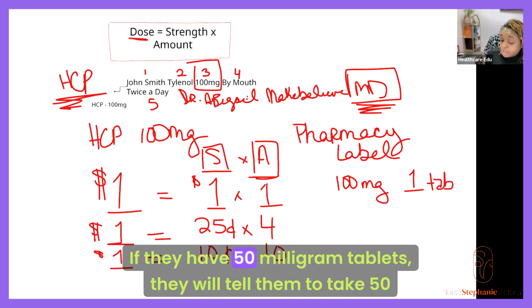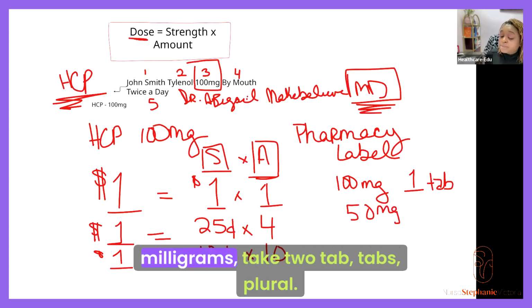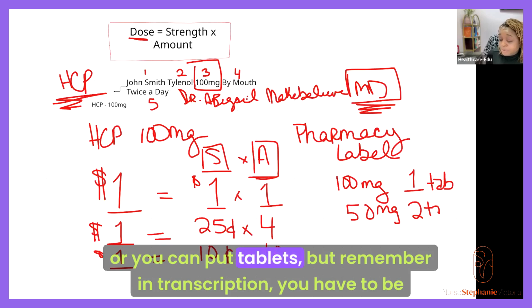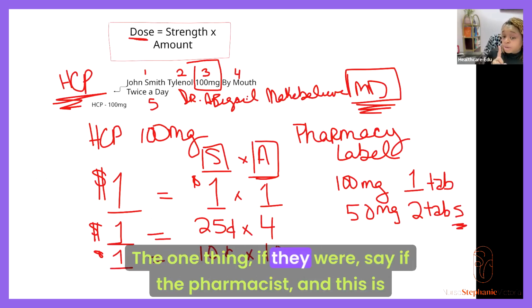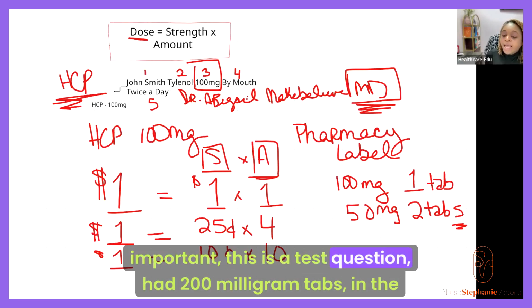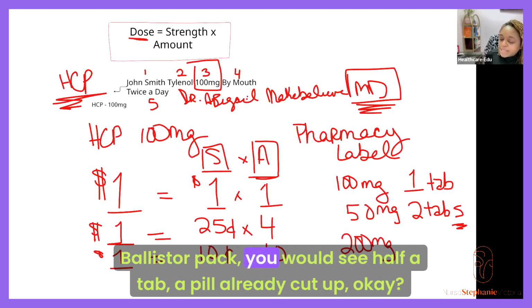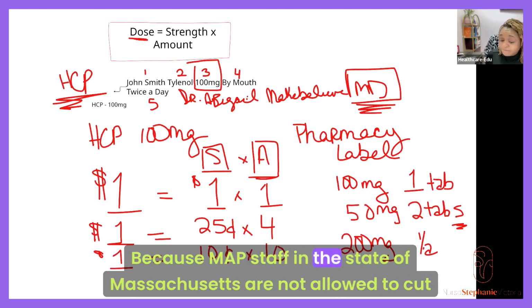If they have 50 milligram tablets, they will tell them to take 50 milligrams, take 2 tabs, plural, or you can put tablets. But remember, in transcription, you have to be exact. And this is important, this is a test question: if the pharmacist had 200 milligram tabs, in the blister pack you would see half a tab, a pill already cut up, because MAP staff in the state of Massachusetts are not allowed to cut pills.